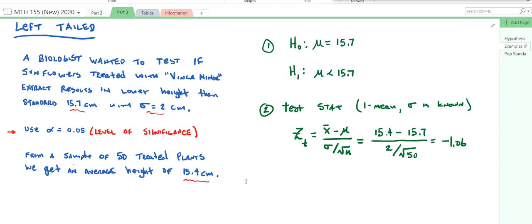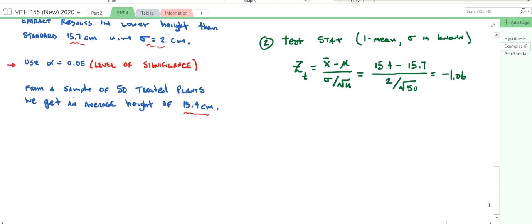Okay, let's set this up now. Let's check our critical case. Find our critical region. So we're looking for a critical region over here, and our alpha is 0.05.